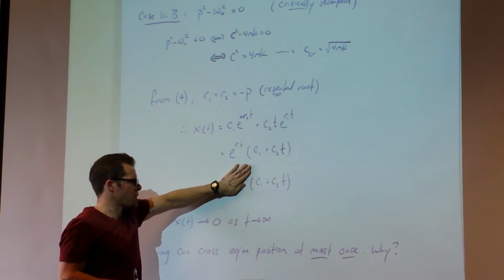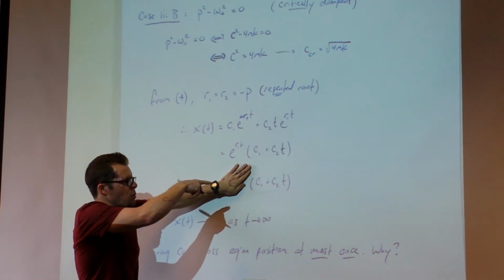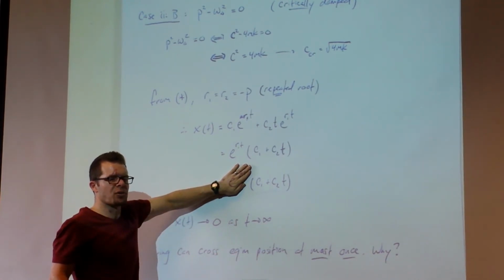Now, why do I say at most and not exactly 1? We're starting this system at t equals 0, so the domain would be just positive t values.